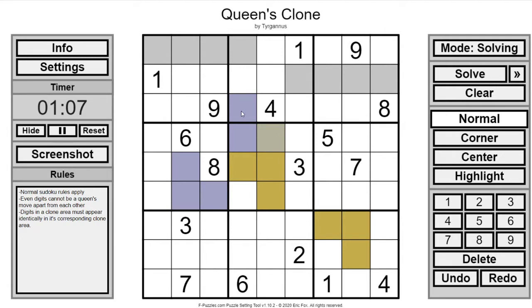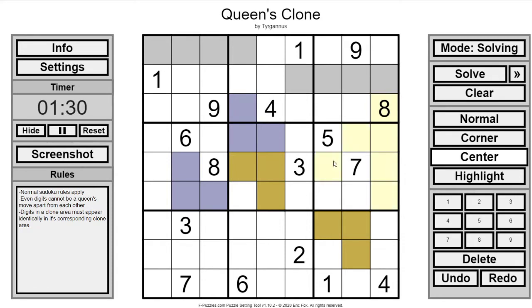We've got these 3 clones, but while I was looking at the preview, I noticed something with 8s. Try to see if you can spot it. That's right, with just 2 8s we can solve this.